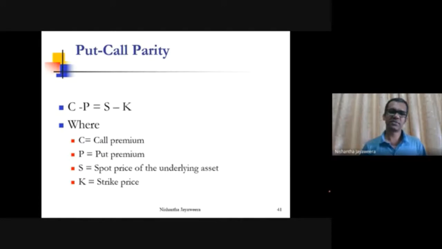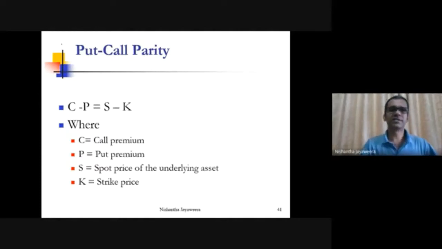So this is a very important relationship between put options and call options. We call it put call parity. This is related to arbitrage in the option market.